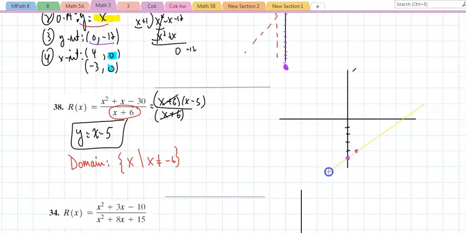And you'll say, wait a minute, that's a line. You're right, that is a line. Why is that a line? It's not an asymptote. There it is, a line.